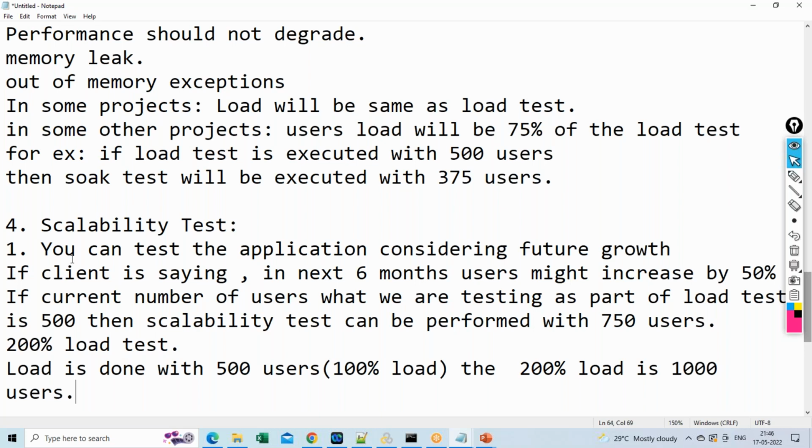During the pandemic, in one of the projects that I was working with, the number of users accessing the application increased by 4 times. Let's take an example of a bank application.